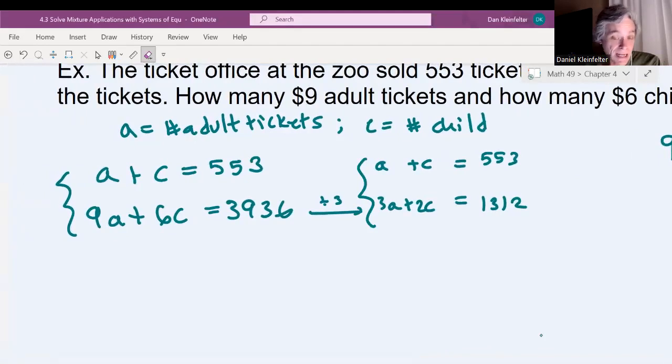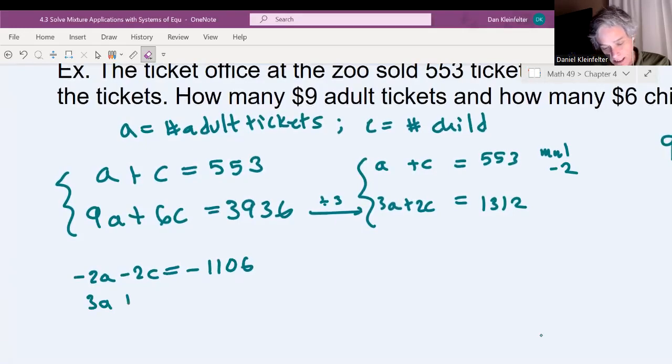We could eliminate A's if I multiply the first equation by -3. We could eliminate C's by multiplying the first equation by -2. I think I'll do that instead. So we're going to multiply the first equation by -2. That'll give us -2A minus 2C, and that's negative 1,106. And then the second equation will stay the same.